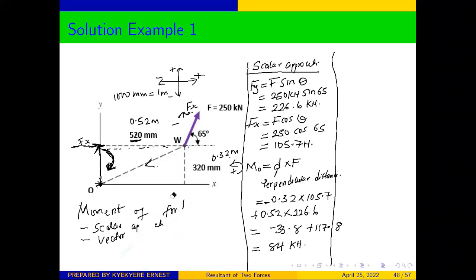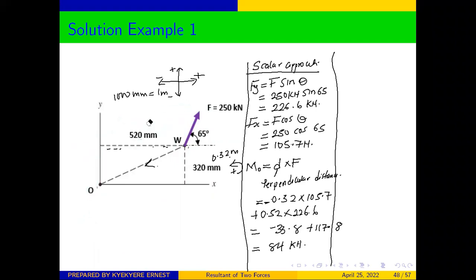Let's look at how to solve the problem using the vector approach. You realize that when we're looking at the scalar approach, we're not considering the direction of the distances.